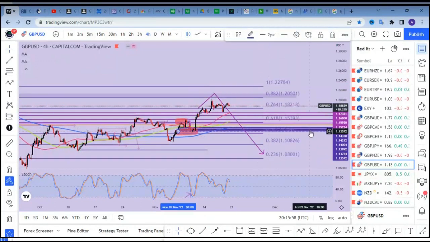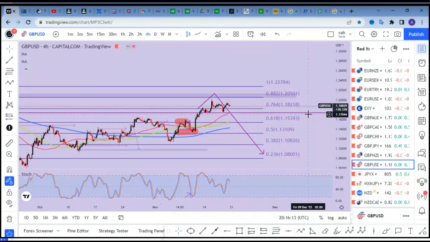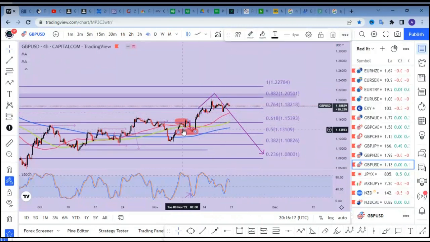Let me see how best I can explain this. I need to clear up some lines first. Apologies. Bear with me. So I think that price could, first of all, do this.